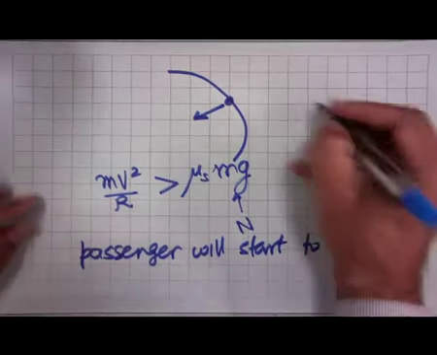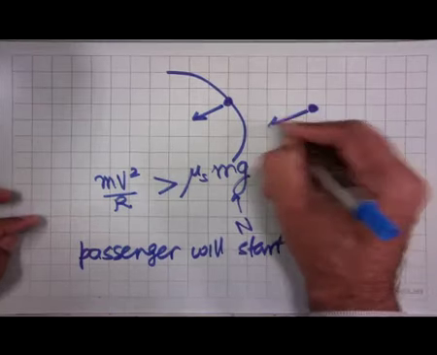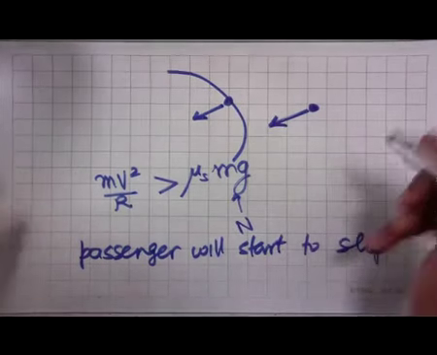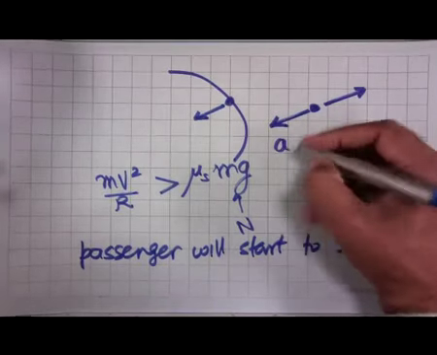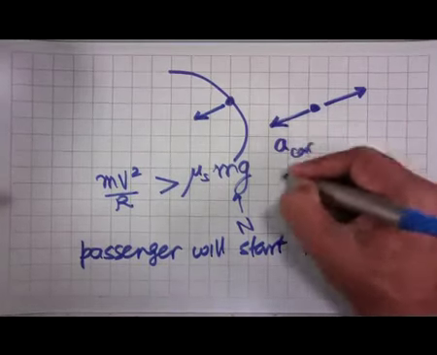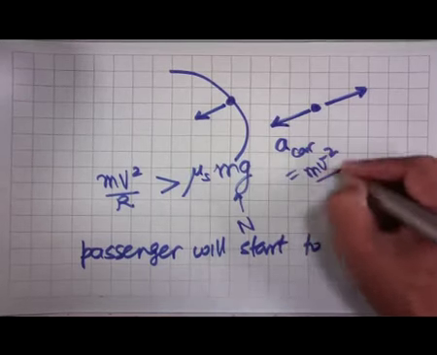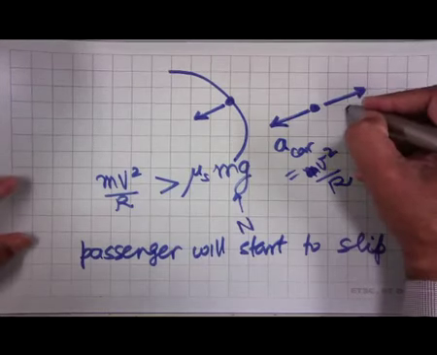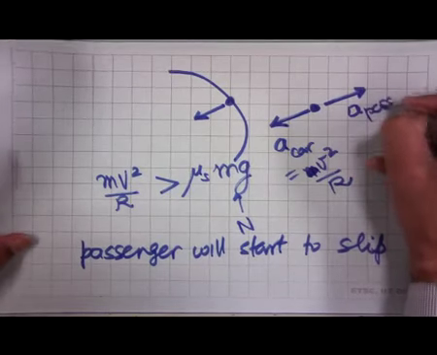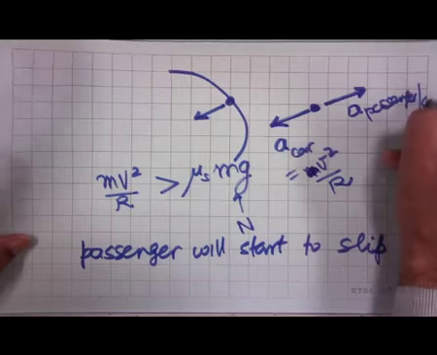So, the acceleration of the car is equal to v square upon r, and we have the acceleration of the passenger with respect to the car.